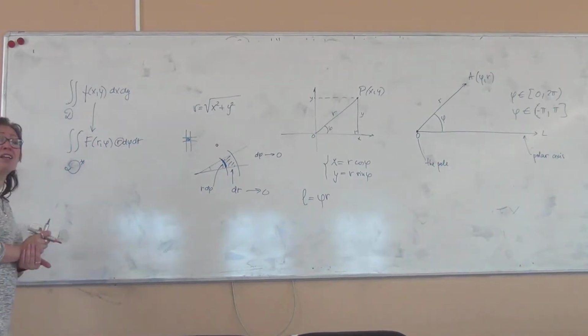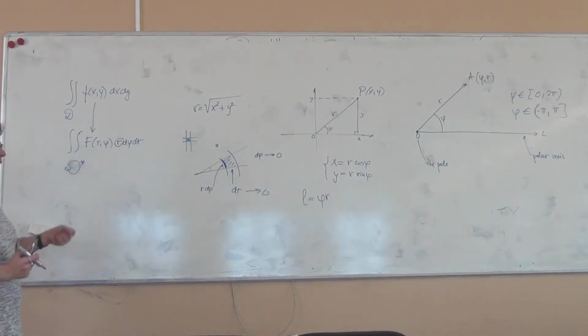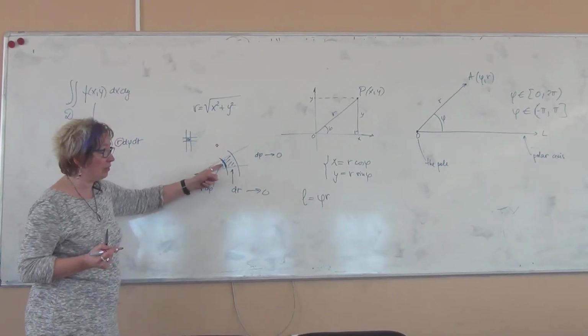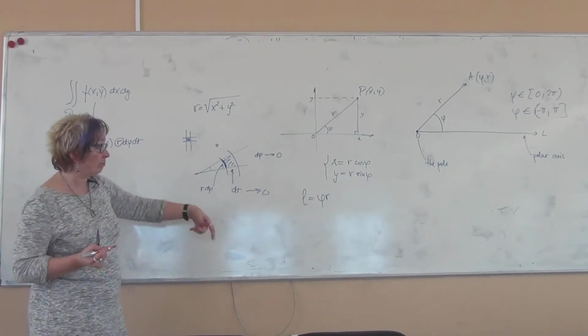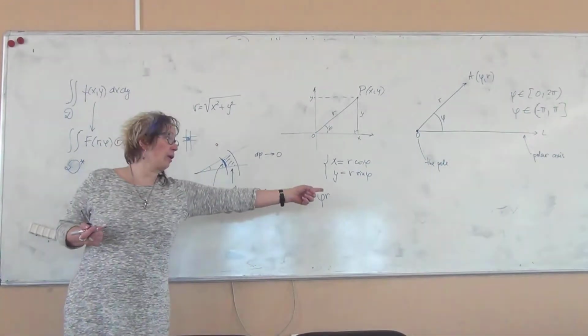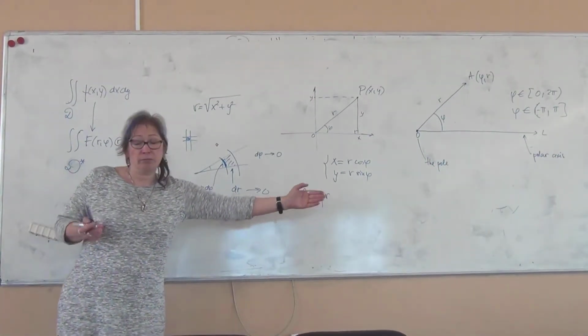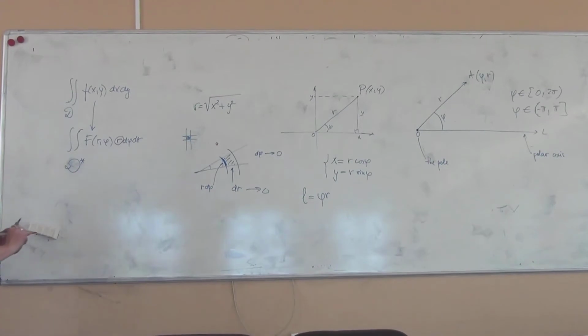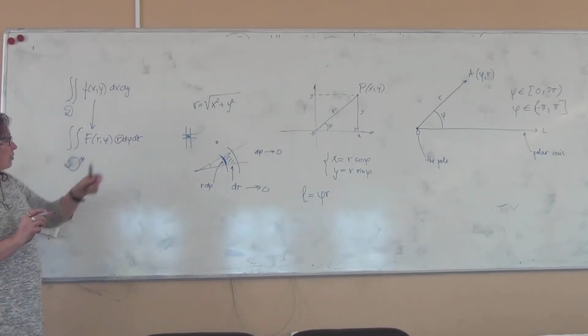But in order to do that, we need to understand the length of the side, which is the length of arc. Angle in radians times radius, that's the length of arc. Geometry from school. Okay, so an extra r appears.